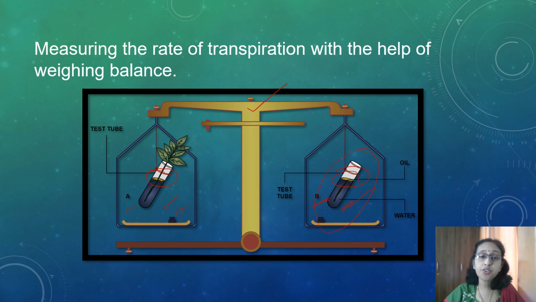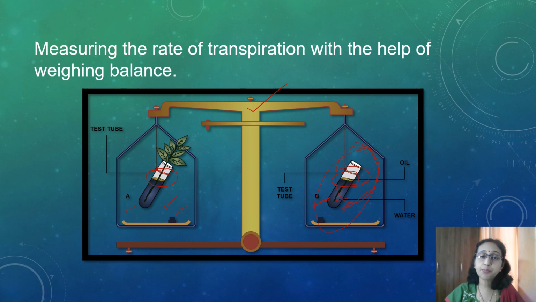Here we want to prove that transpiration is happening and that there is a weight difference after transpiration has happened. So we don't want evaporation in this setup, and we have put oil on top of the water. This is water, this is a layer of oil, and in the control test tube no plant is kept. But in A, a twig or an external part of a plant is kept.